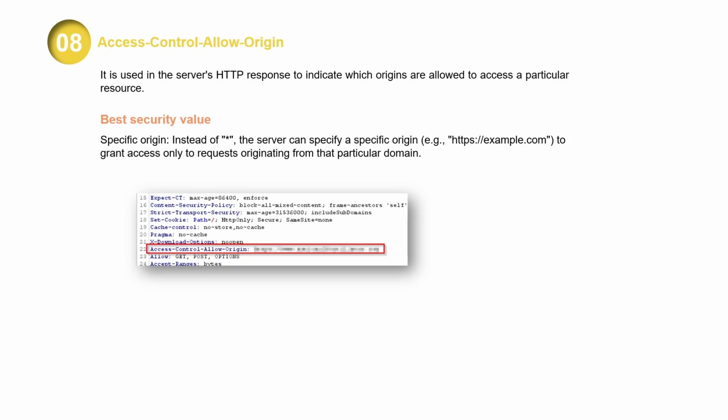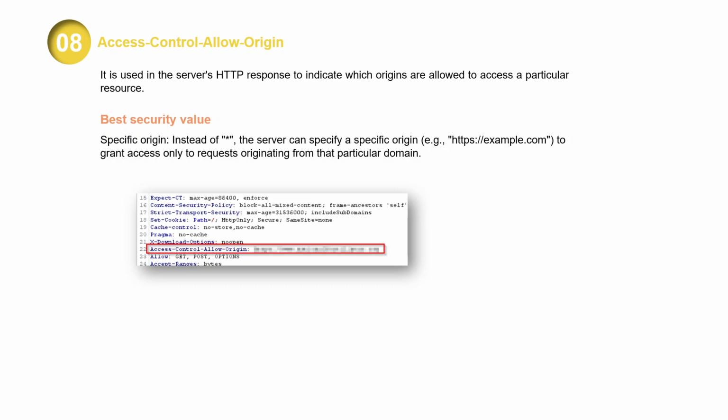Coming to the next header, it's Access-Control-Allow-Origin. It defines which resources are allowed to be accessed. We can define the domain here. In the request part, you can see a header Origin.